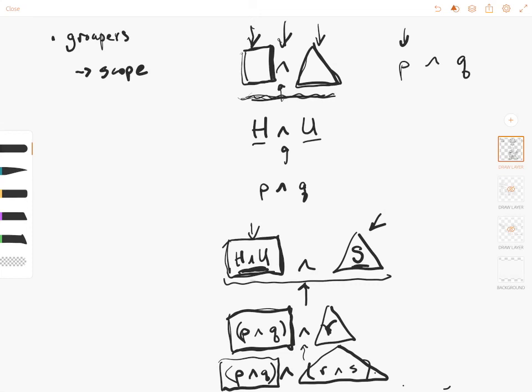It could be atomic, like H, but P could also stand for something more complex like H and U. In any case, what we say about this is that the scope of this AND operator is going to be a proposition on the left-hand side and a proposition on the right-hand side. So the idea of scope, again, is just the idea of what an operator operates on.